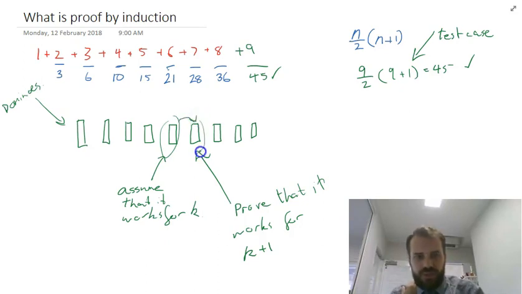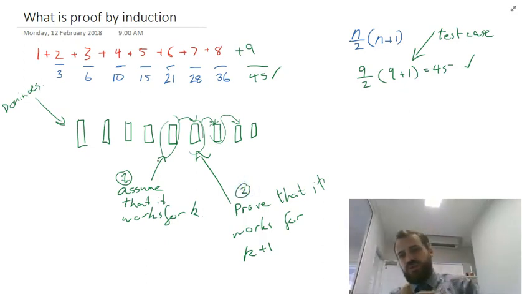If we assumed this was k, then it works for this. So this was step 1: assume that it works. We don't know it works yet, but just assume that it does. Step 2, prove that if it works for k, it also works for k plus 1.